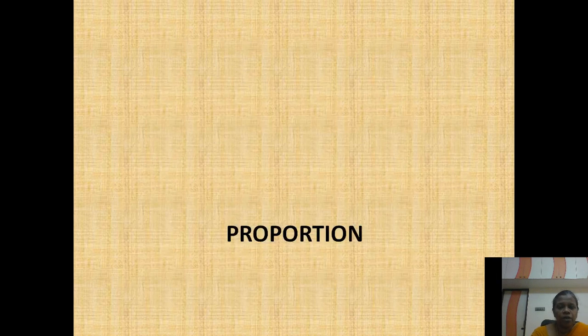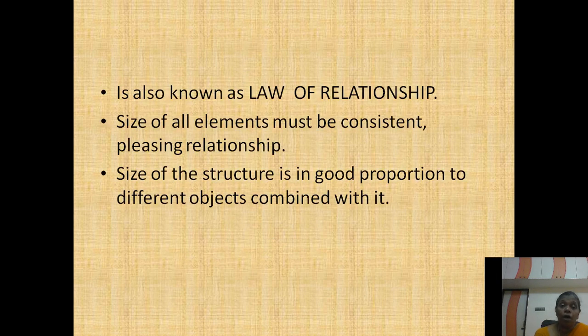Okay. Next important principle we are going to see is proportion. What is proportion? Proportion is otherwise known as the law of relationship. Because when one talks about proportion, you must know about all these things. When you talk about proportion, we must also talk about size. The size of the element must be consistent and must have a pleasing relationship.